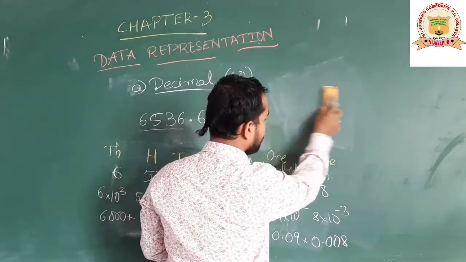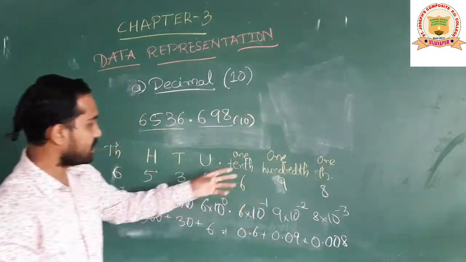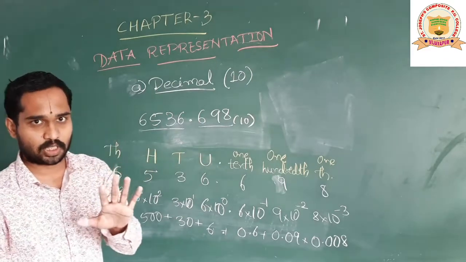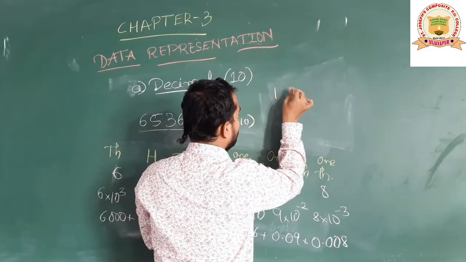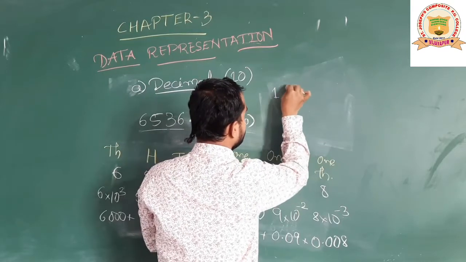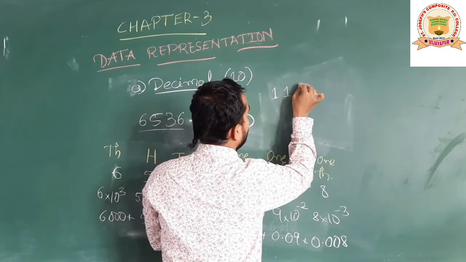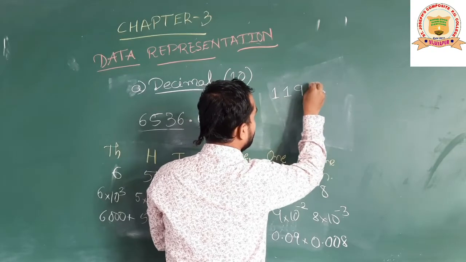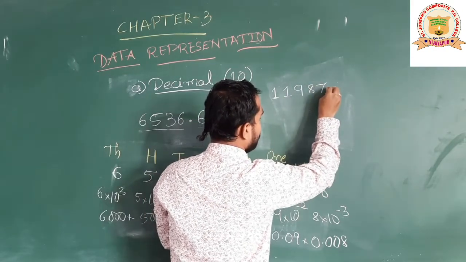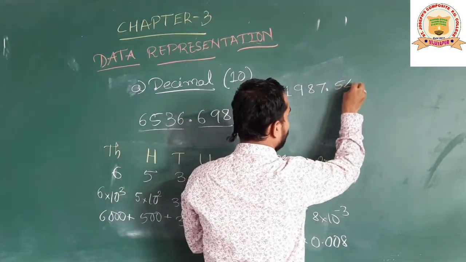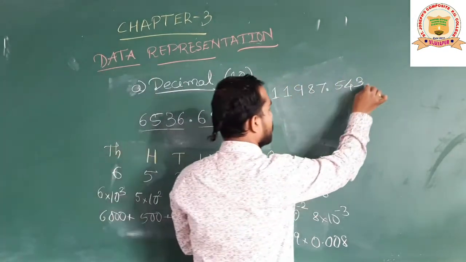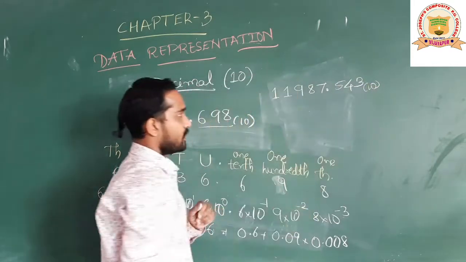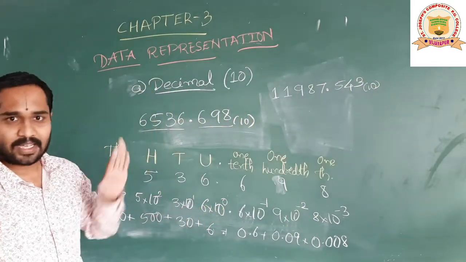Please try them and represent them with the positions. Your first number is 11,987.543. What is the base of this? 10 is the base. That means you have to represent it like this.